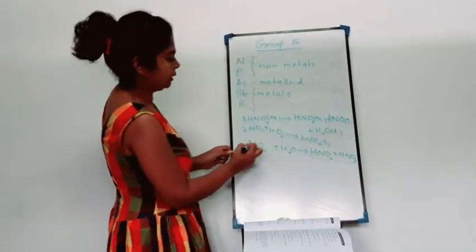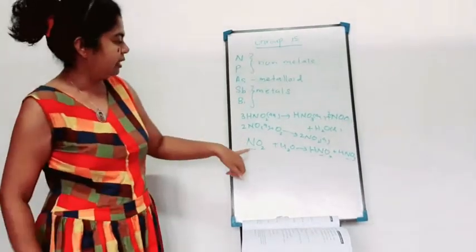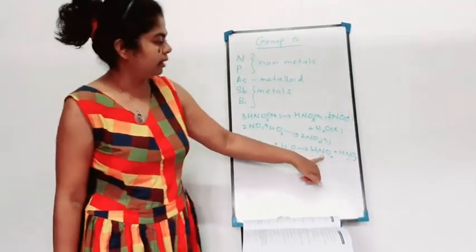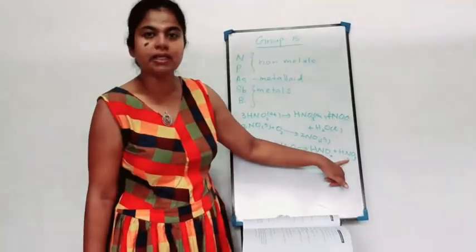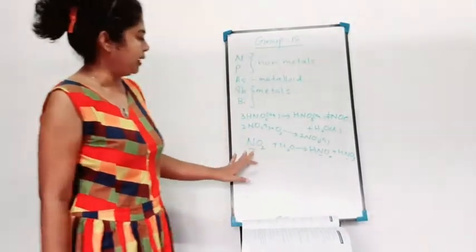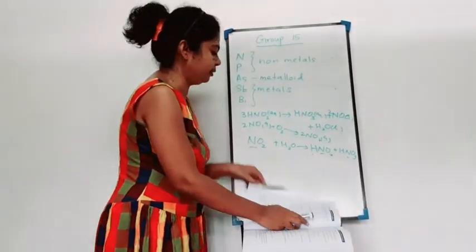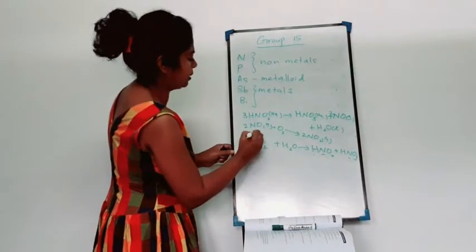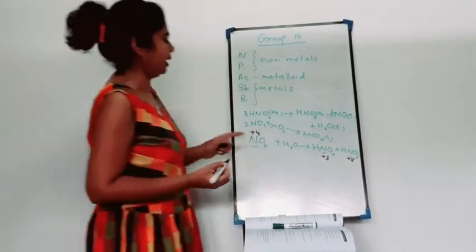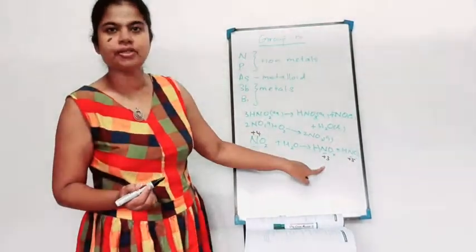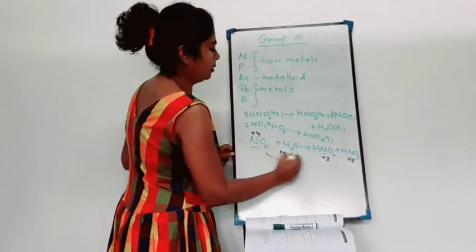If you check the oxidation states of nitrogen in each case: here +4, here +3, here +5. From +4 to +3 is reduction.